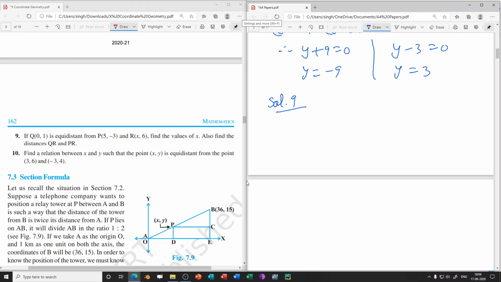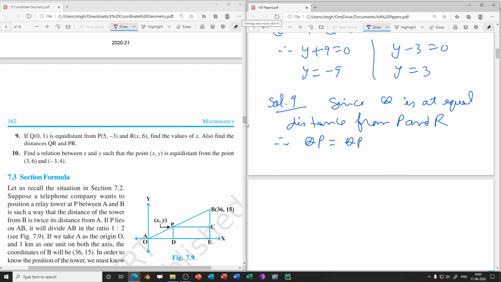Q is at equal distance from P and R. So you can write like this: since Q is at equal distance from P and R, the distance of Q from P and the distance of Q from R will be equal, that is QP equal to QR.